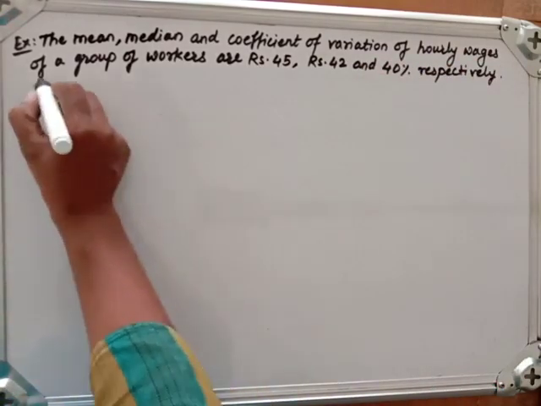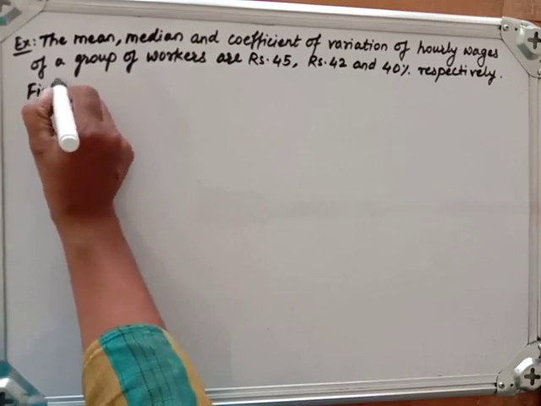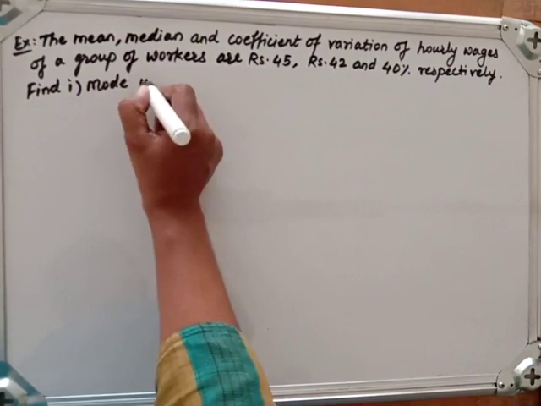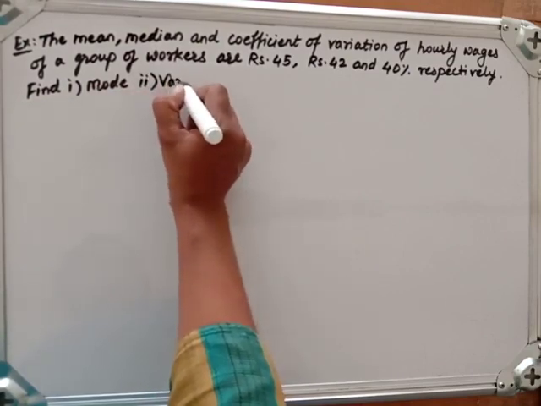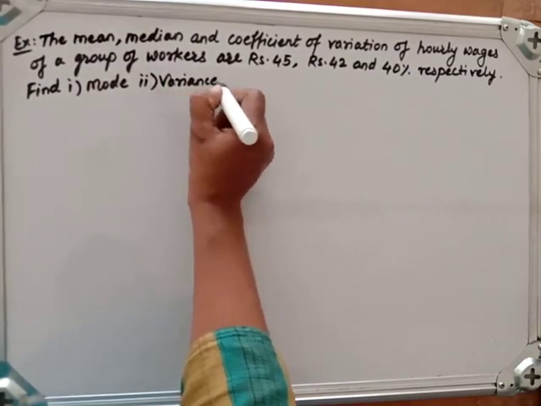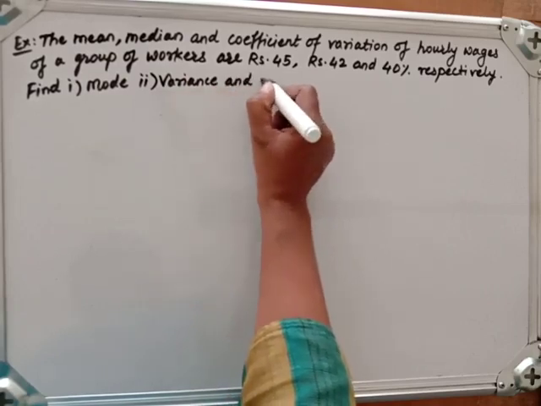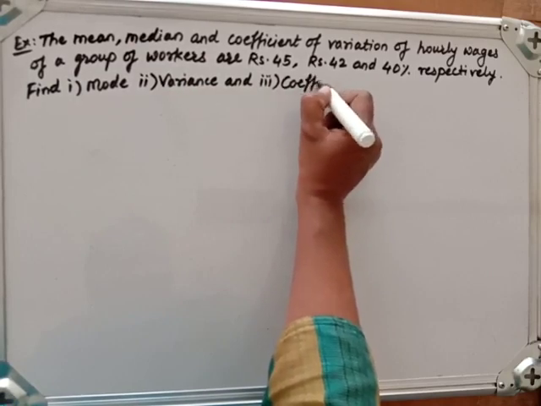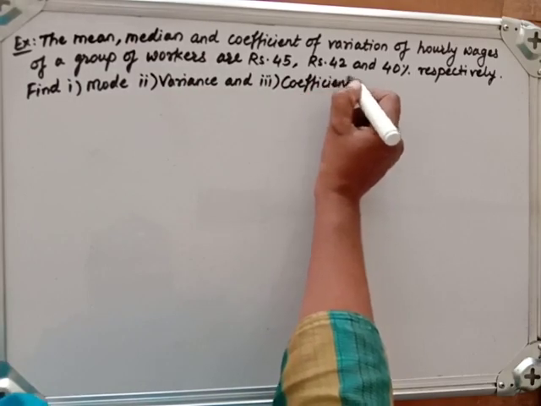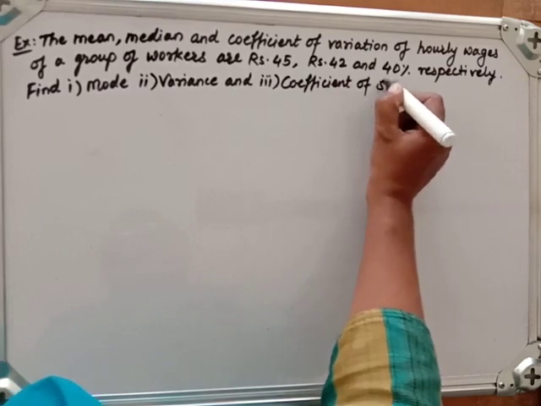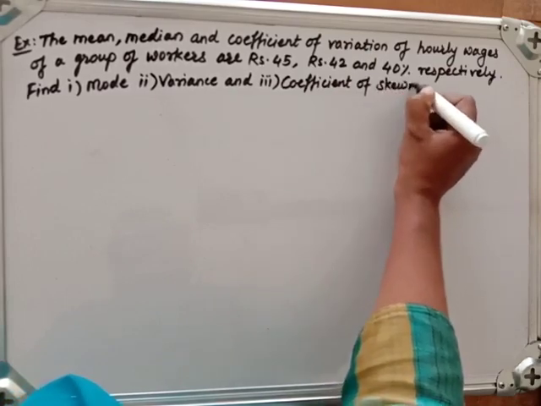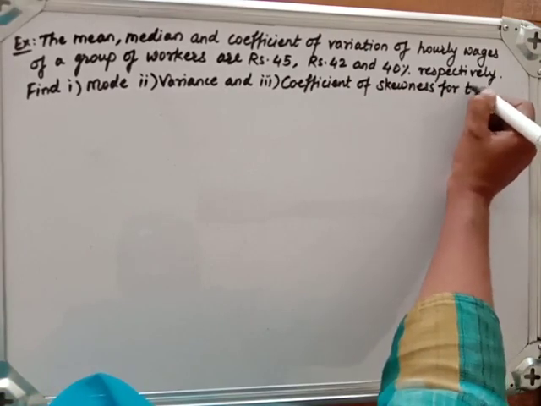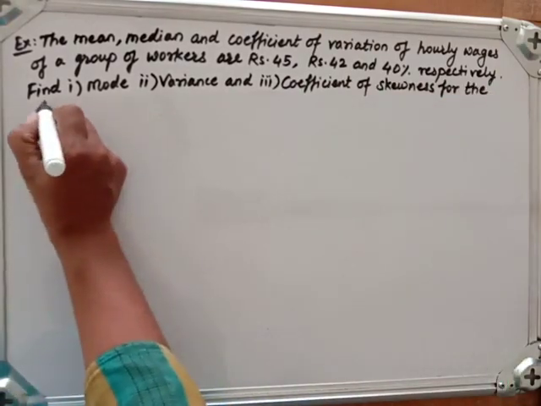Find first mode, second variance, and coefficient of skewness for the distribution of wages.